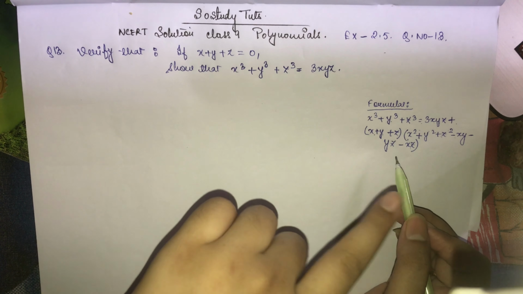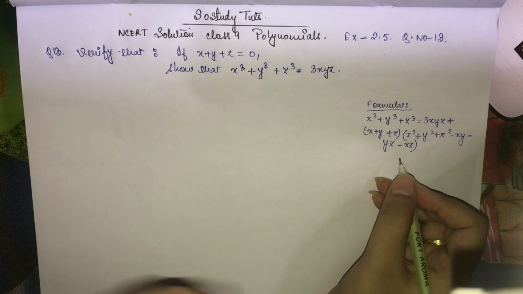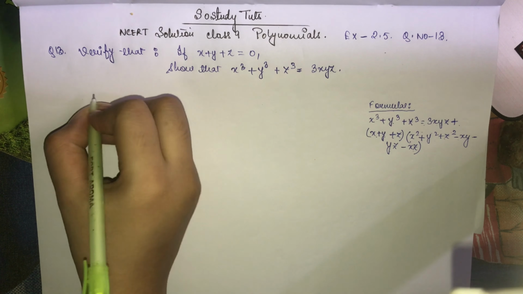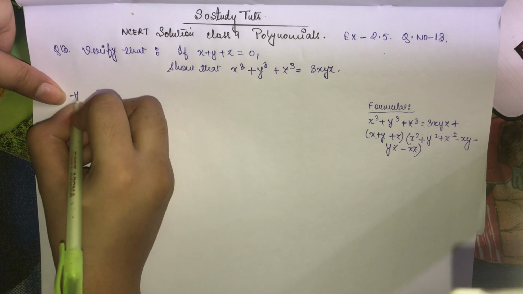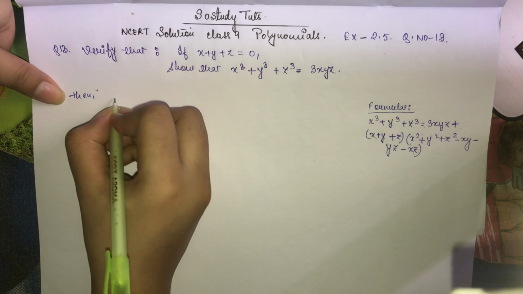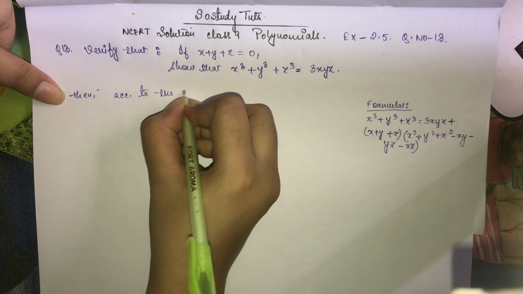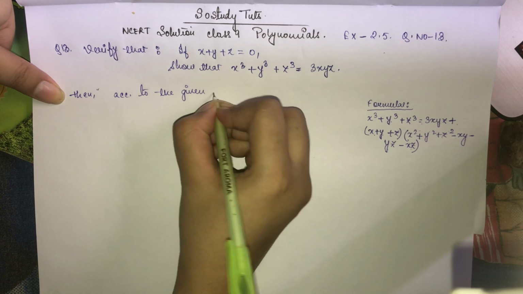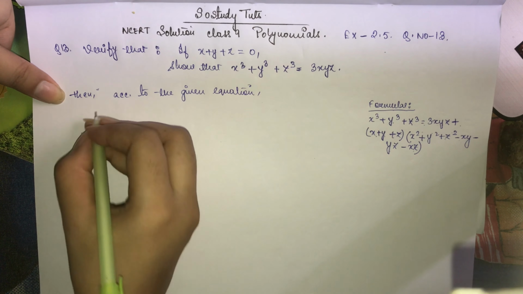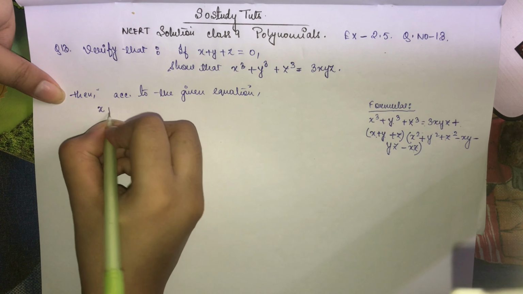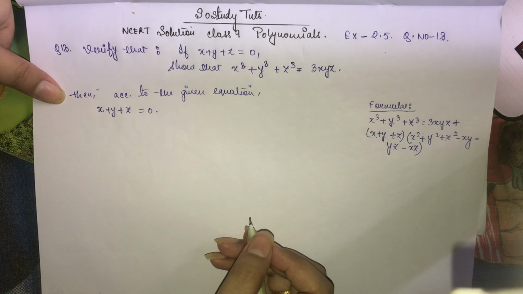Now I'll be doing this sum with the formula. So now let's start. According to the given equation, x plus y plus z equals 0.